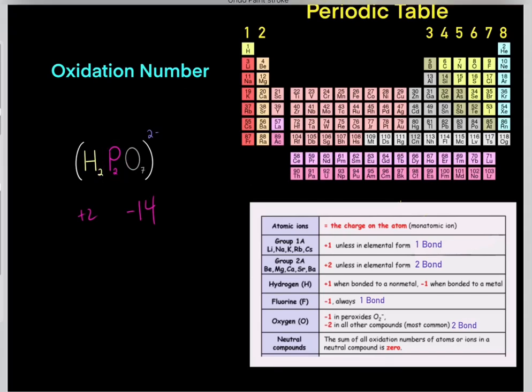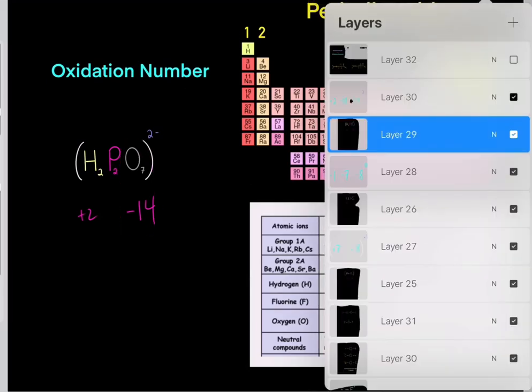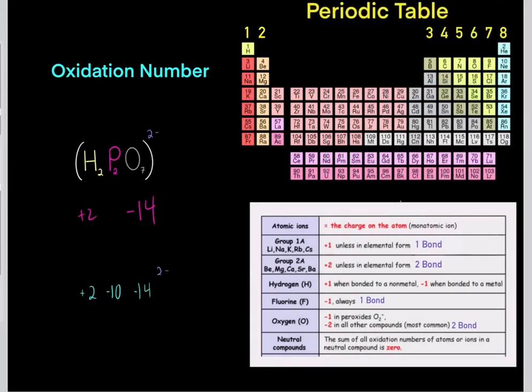So what is the oxidation number of this phosphate? Well, again, we see the net charge is -2, and we have a +2 here and a -14 here. So we can infer that this phosphate must contribute -10. That's the only way we can have a net charge of -2. Hydrogens contribute +2, all these oxygens contribute -14, so these phosphates must contribute -10.